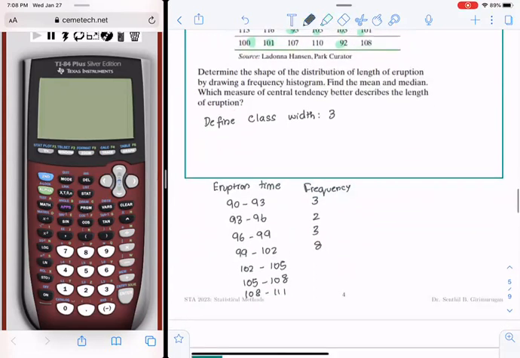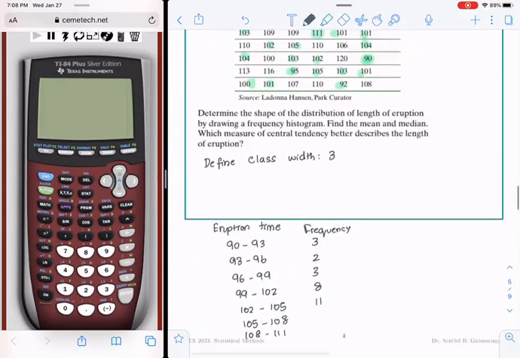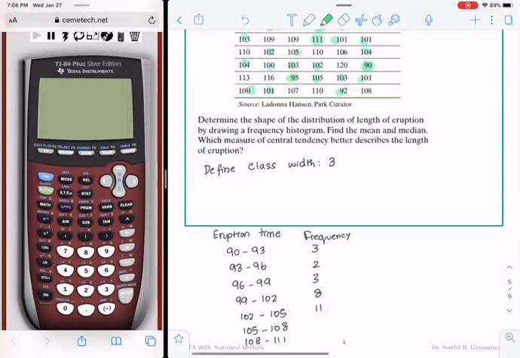Looks like I missed 100. So I'm just going to go ahead and include that 100. So it should be 9.